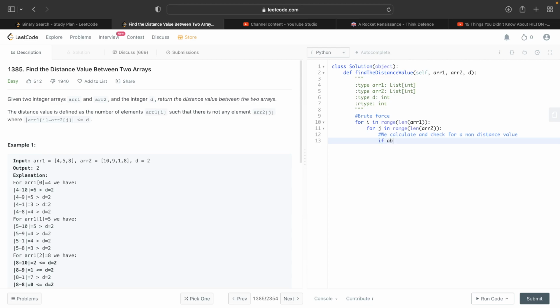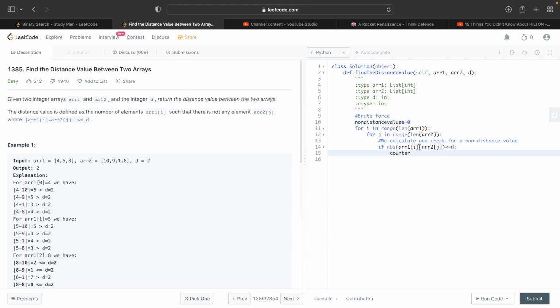So if absolute of arr1 at i minus arr2 at j, this is how you do the absolute, if this value is less than or equal to d, then I'm going to increment our counter, let me call it non-distance values.